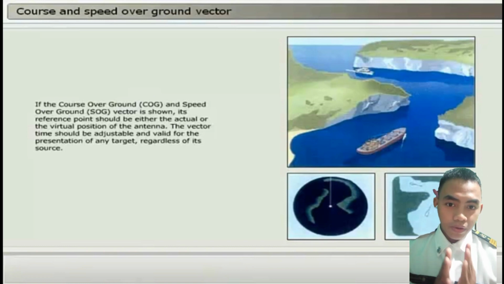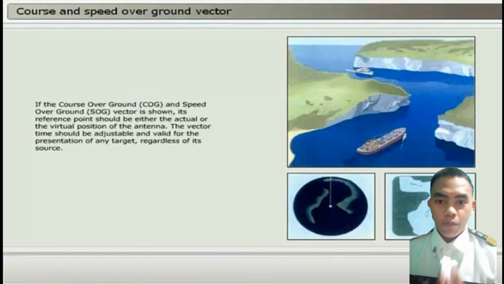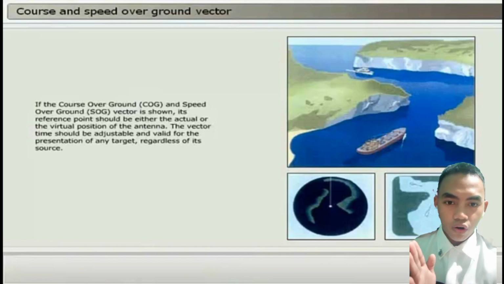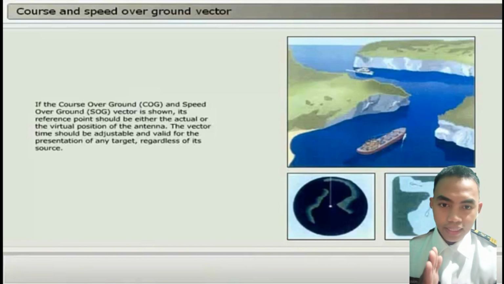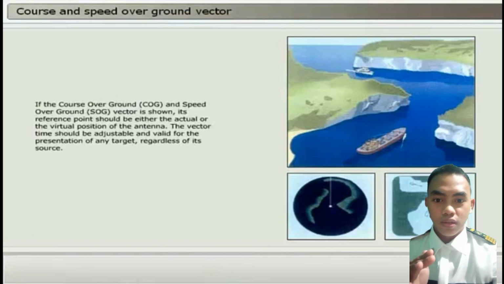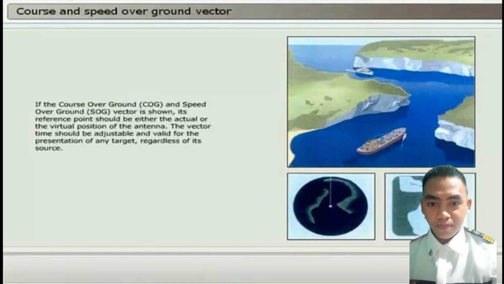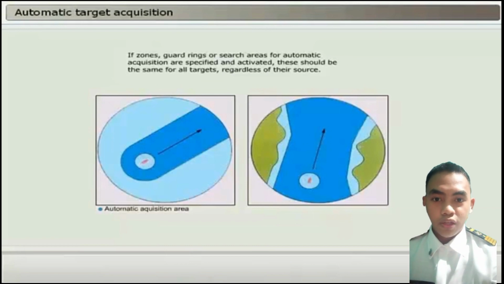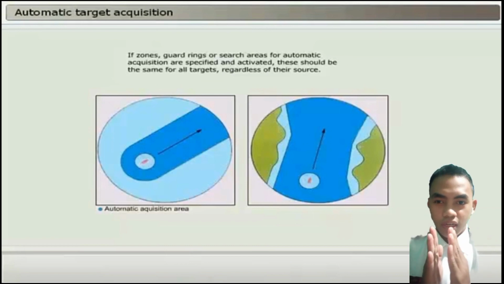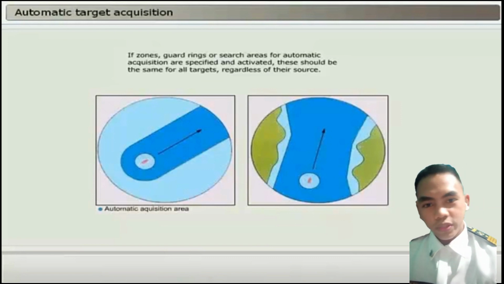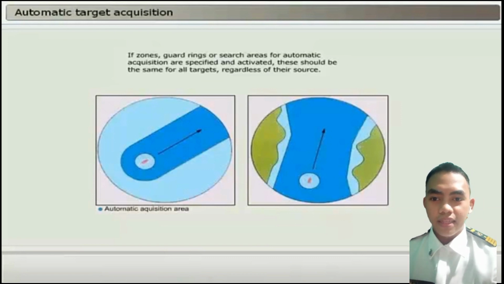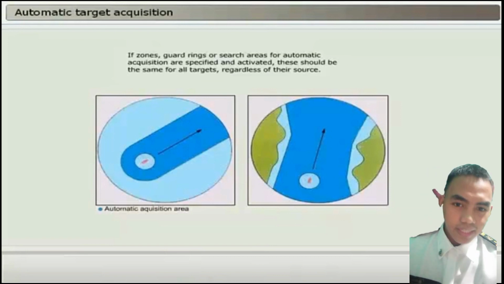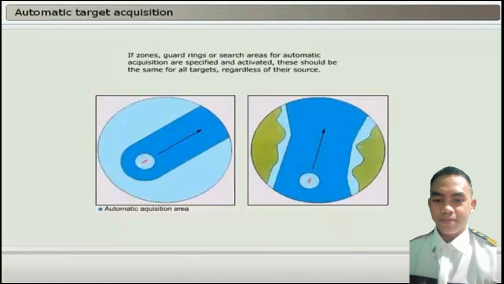If the course over ground, COG, and the speed over ground, SOG, vector is shown, its reference point should be either the actual or the virtual position of the antenna, for the presentation of any target regardless of its source. Then the automatic target acquisition. If zones, guard rings, or search areas for automatic acquisition are specified and activated, this should be the same for all targets regardless of their sources.